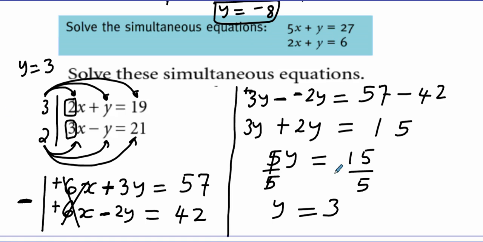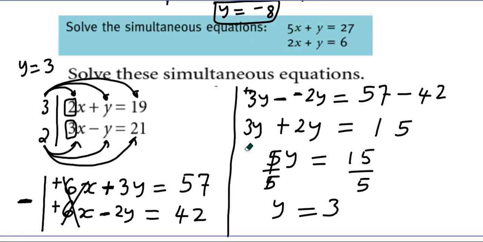Okay? Now, after getting y equals 3, some of my students take this value y equals 3, substitute it in any of these two equations, and then find the value of x, and then they are good to go, which is okay. But I don't want to lose the meaning of elimination method, removing one letter and getting the value of the other letter.